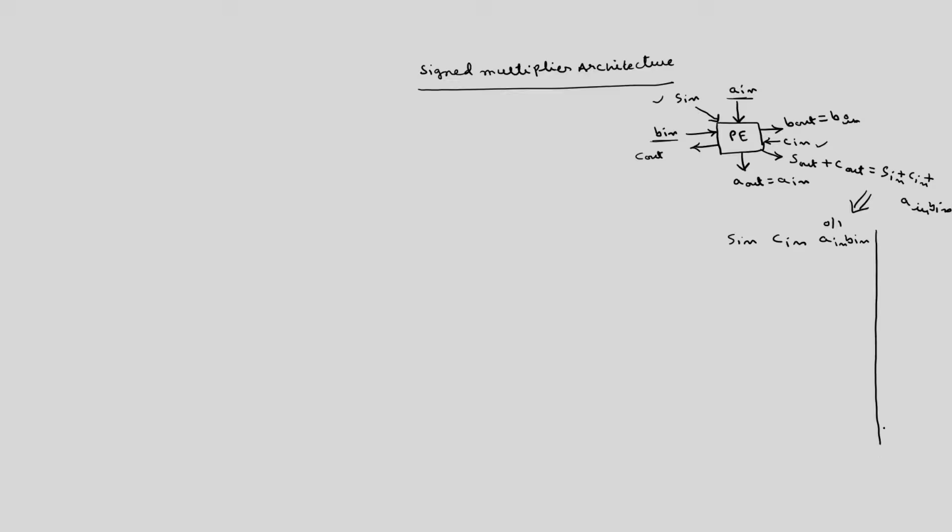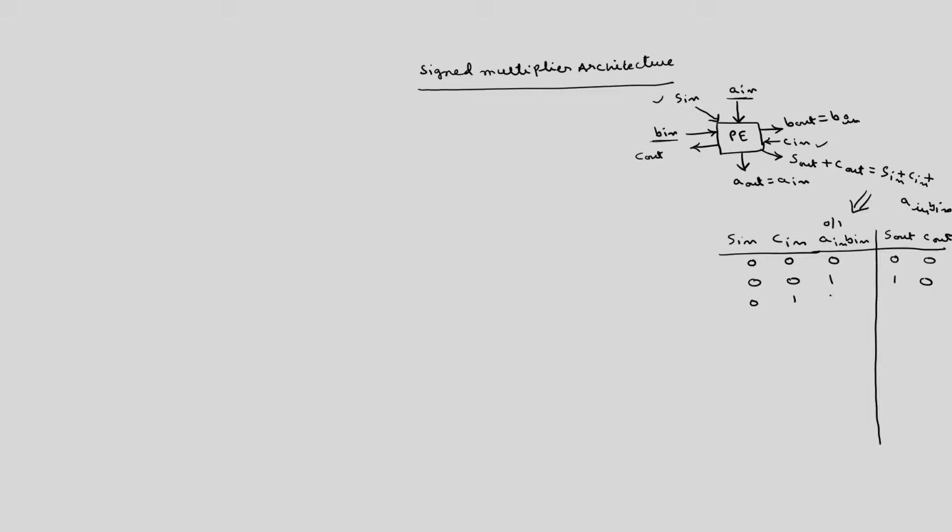If we add 3 bits you will get 2 outputs, which are S out and C out. That is the meaning of this. So, 0 0 0: sum is 0, carry is 0; 0 0 1: sum is 1, carry is 0; exactly the same as the full adder. This processing element is basically a full adder.